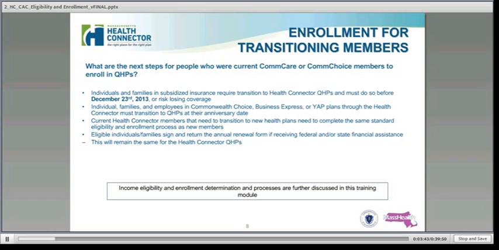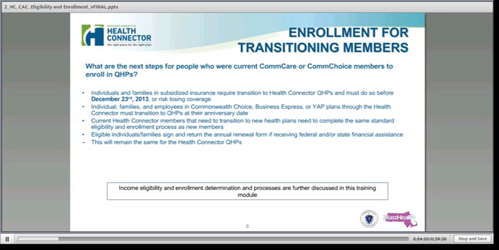December 23rd, I know you've heard us say this before, but I just want to put that date in the back of everyone's mind. That December 23rd date is the date by which individuals and families who are trying to enroll in January coverage should have applied, enrolled, and actually made their payment.